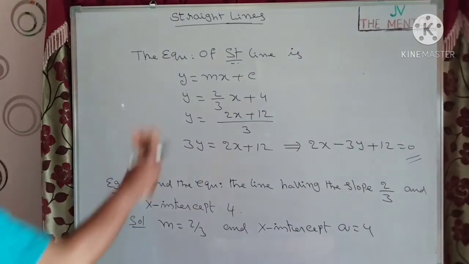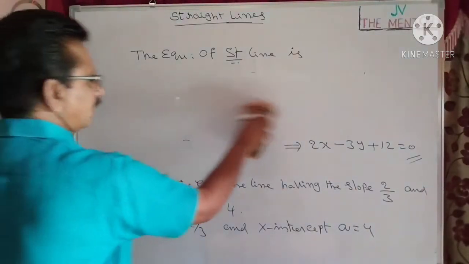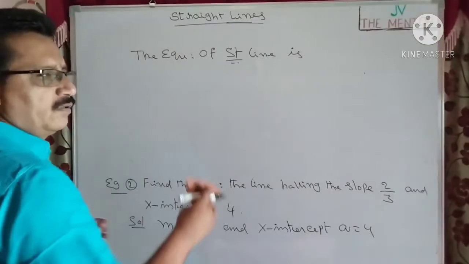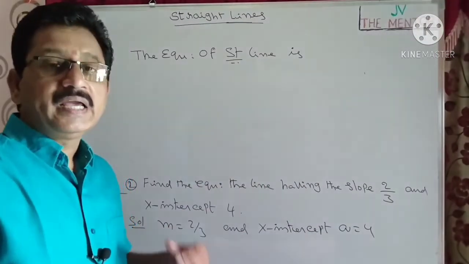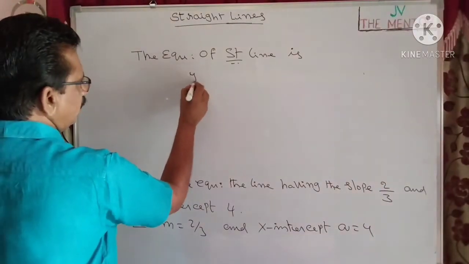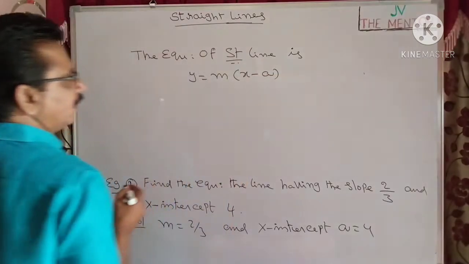Next, the equation of the straight line is, what is the formula? If the y-intercept is given, y equal to mx plus c. If the x-intercept is given, the equation is y equal to m into x minus a.